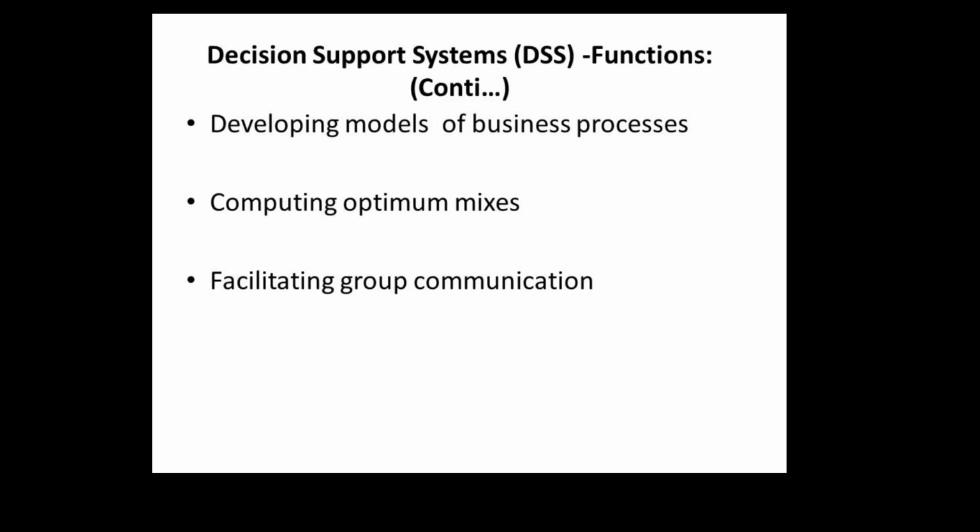DSS supports the group communication of management personnel, and facilitates the group process by making the facilities of the system available to all the group members. So in that way, these are the different functions of DSS available for decision making.